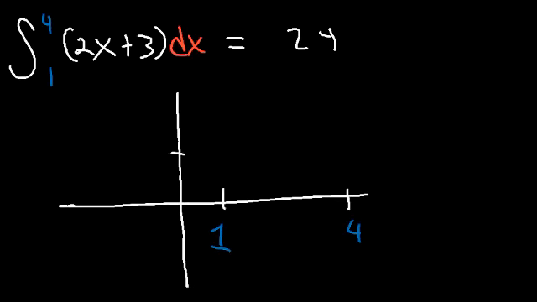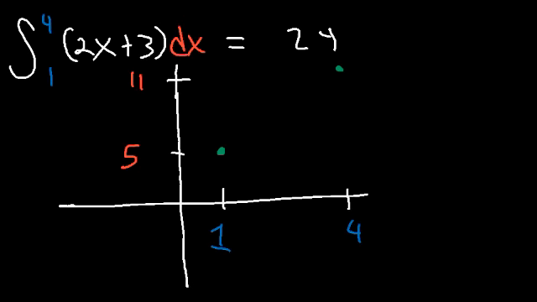So let's say 5 is somewhere over here. We don't need an exact graph, just an approximation. If we plug in 4, 2 times 4 is 8, plus 3, that's 11. So when x is 1, y is 5. When x is 4, y is 11.